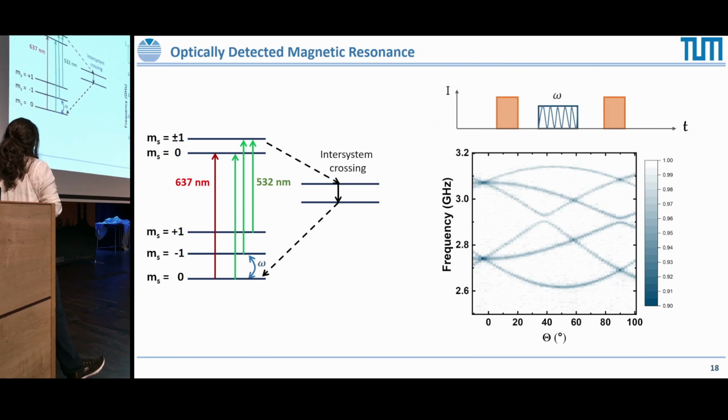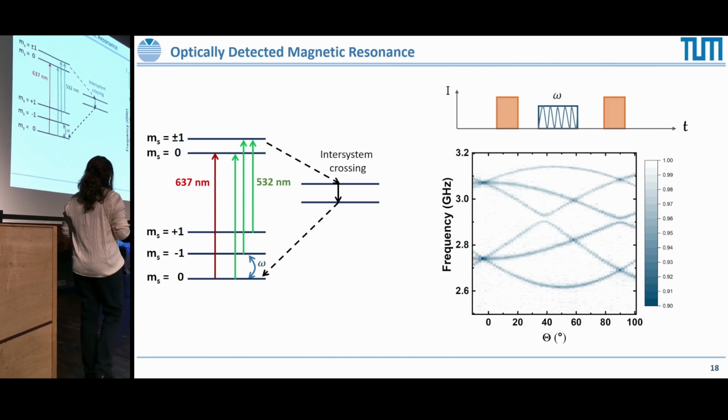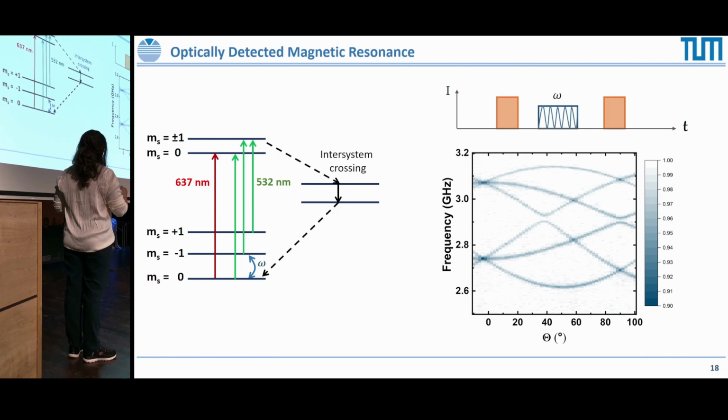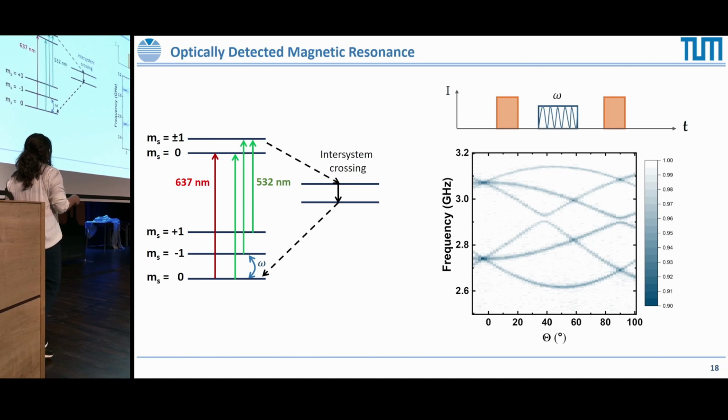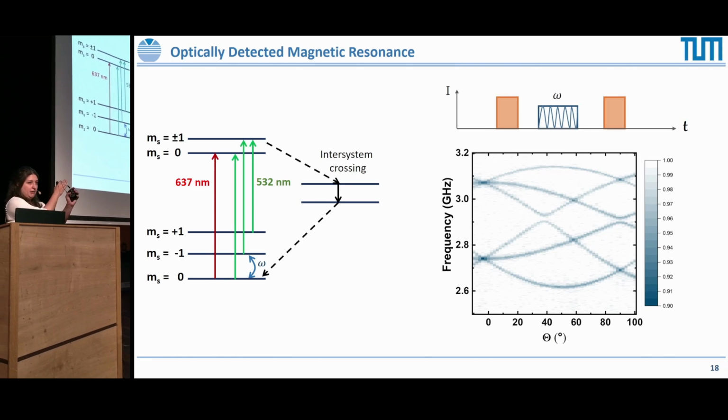Then the first experiment we did is, well, we tried to figure out whether we could see ODMR, and indeed we can. We just initialize our spin state in 0, then we sweep the frequency of a microwave, and then we read out the state. We did this as a function of the magnetic field orientation between the NV axis and our magnet.